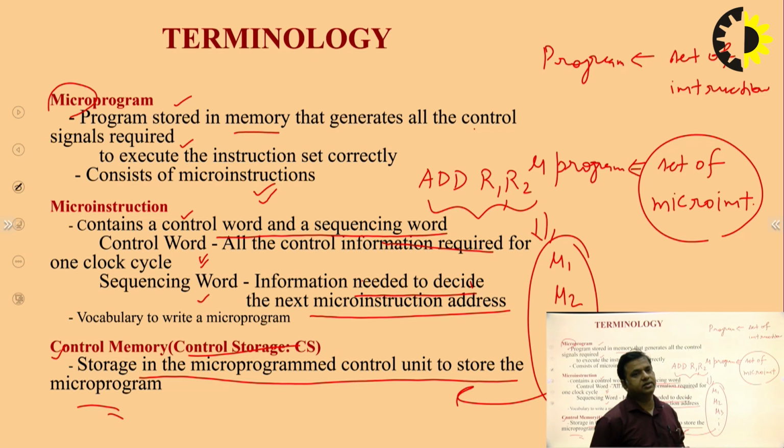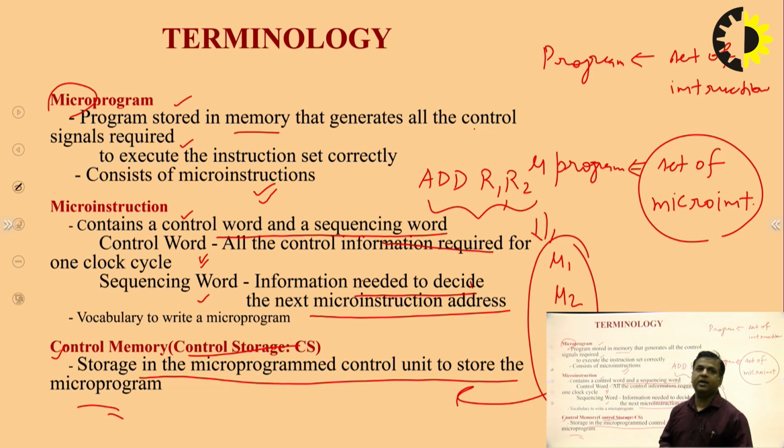So each instruction is made up of a number of micro instructions, a set of micro instructions is called a micro program, and these micro programs are stored in control memory, right?